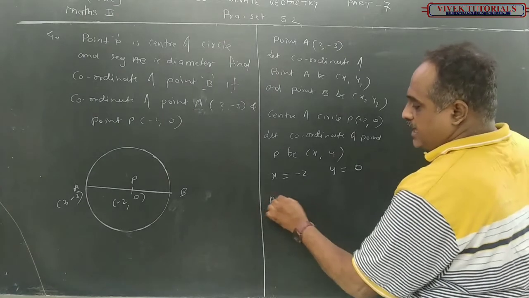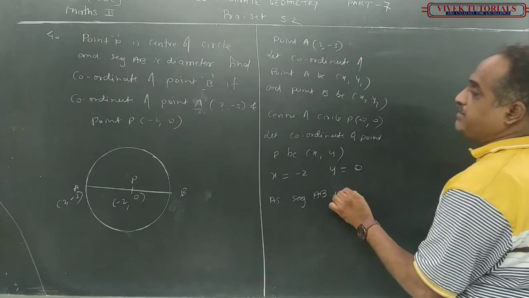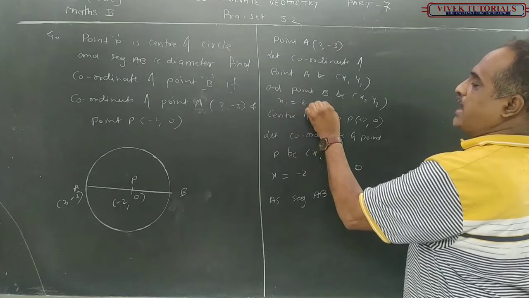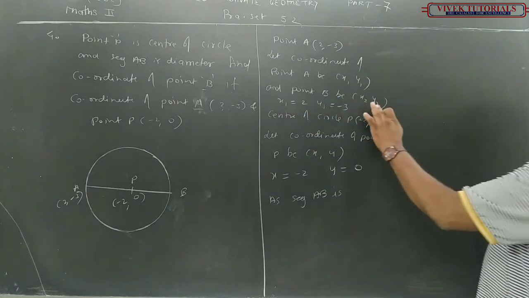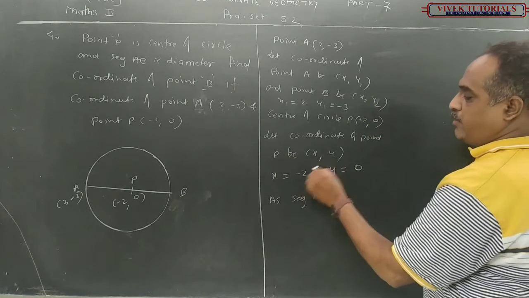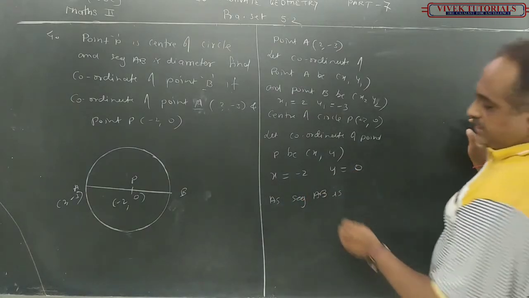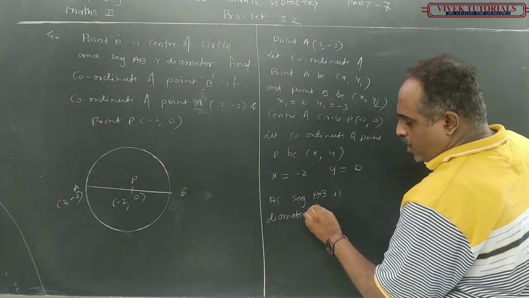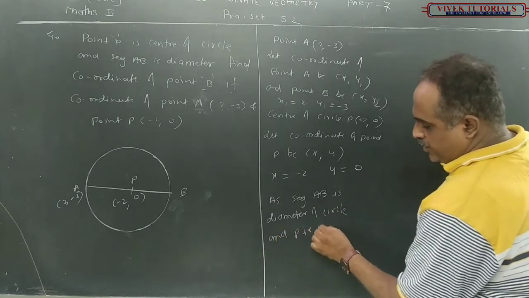As segment AB is a diameter, they have given the value of x1 as 2 and y1 as -3, but we don't have the values of x2, y2. The coordinates of point P are x = -2, y = 0. Segment AB is a diameter of the circle and P is the center of the circle.